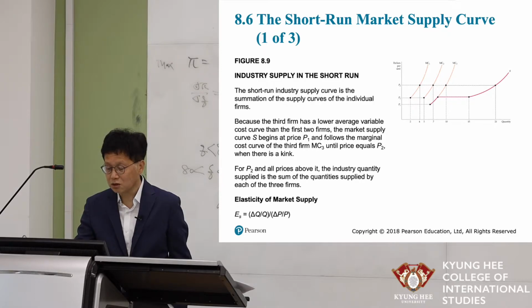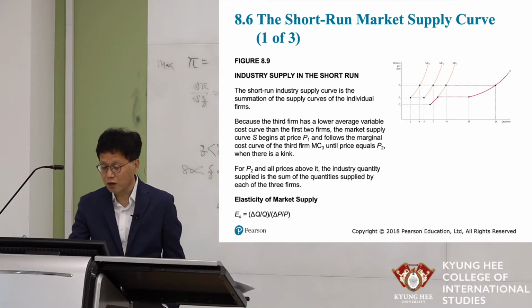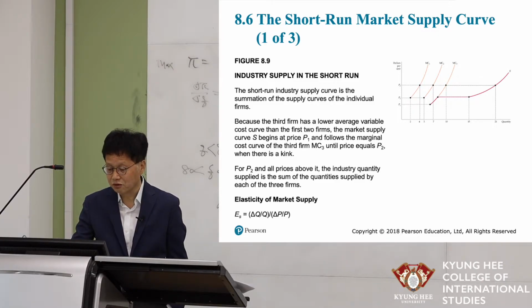The industry supply curve shown is the summation of the supply curves of the individual firms. Because the third firm has a lower average variable cost curve than the first 2 firms, the market supply curve begins at price P1. When price is P1, the first 2 firms have no incentive to produce. Only the third company can produce because price equals marginal cost.